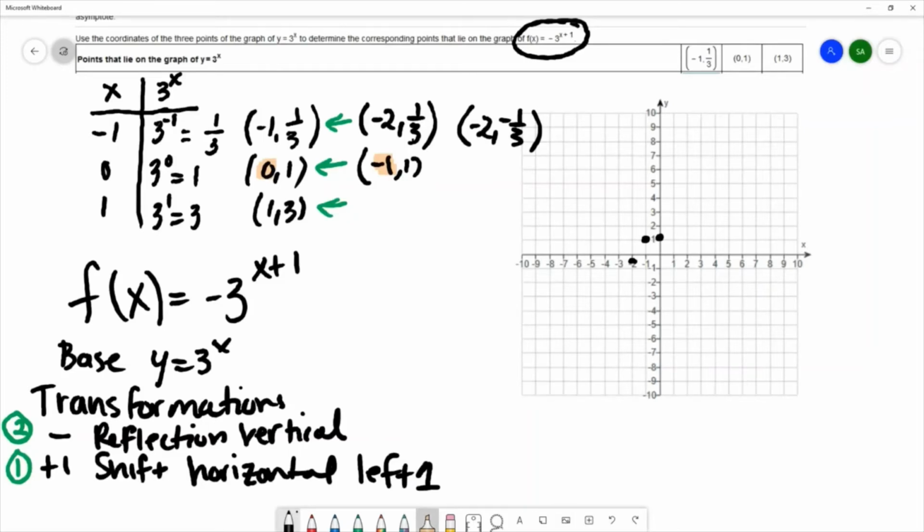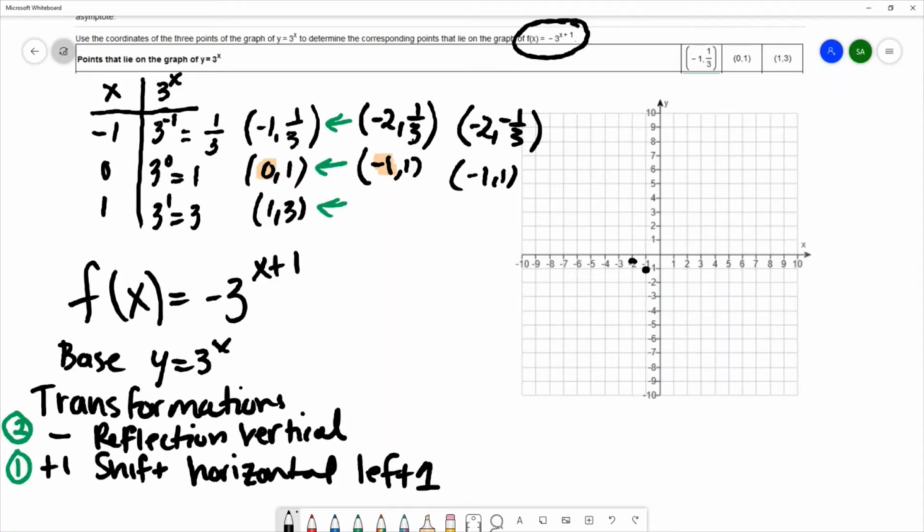Then you're going to do the reflection. So this point is 1 above the x-axis, and we're going to mirror to become 1 below the x-axis. So that ordered pair becomes -1, -1. Going to get rid of the original and the secondary position. And let's try the next ordered pair.